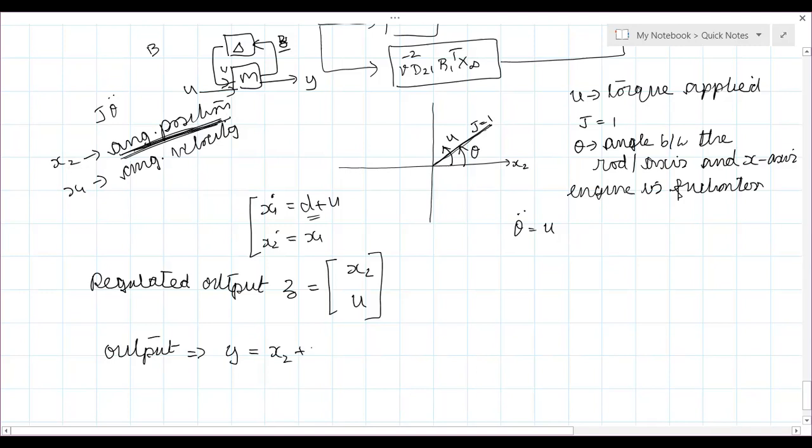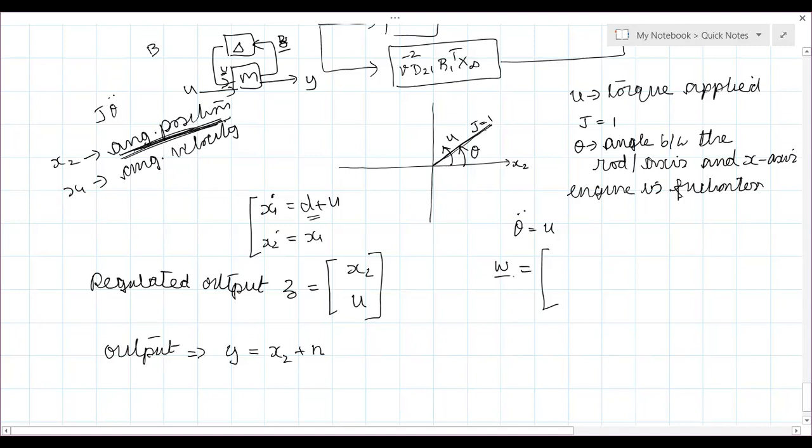Assume that there is a small noise n, because when you are measuring, you are using a sensor. So there will be sensor noise. So what will be my exogenous input W here? Can you tell me what the exogenous inputs are?